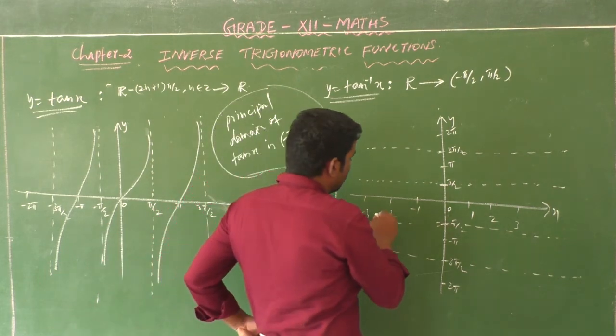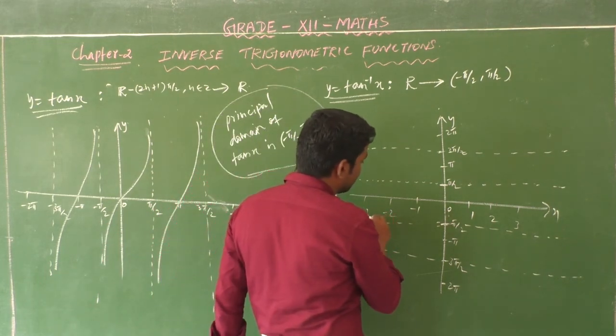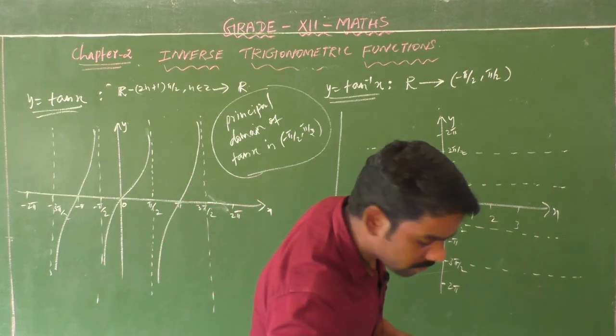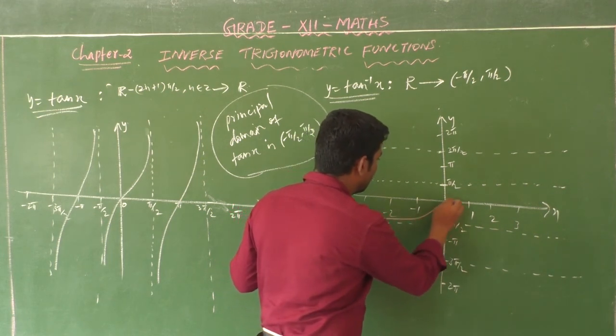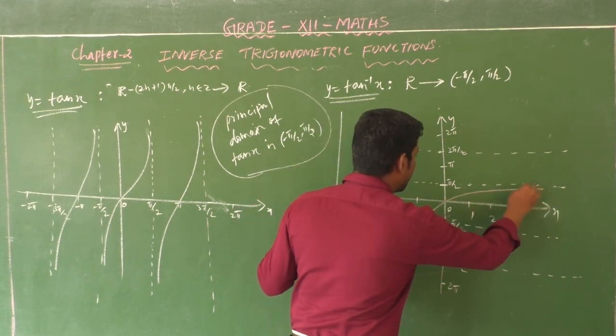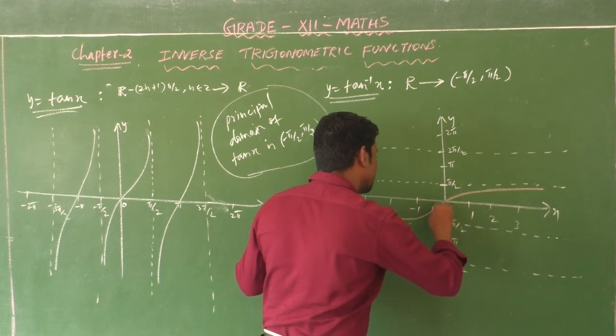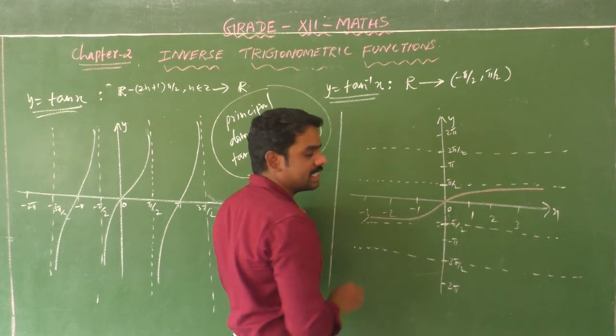So this curve y equal to tan inverse x passes through 0, 0. This is the y equal to tan inverse x curve.